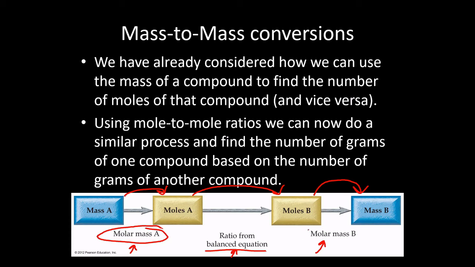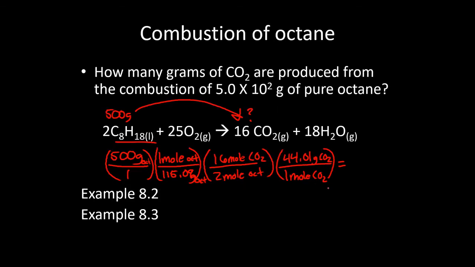And then converting from moles of that second thing into mass of the second thing, that is our third conversion factor. 1, 2, 3. Like I said, it will always be this way if you're going from the mass of something to mass of something else. Now sometimes it'll be a little bit different, and maybe the question won't ask for you to find the mass, it will only ask you to find the number of moles, in which case you would just leave off the last conversion factor. You just wouldn't do that one.